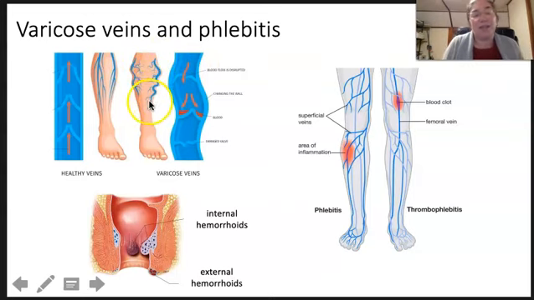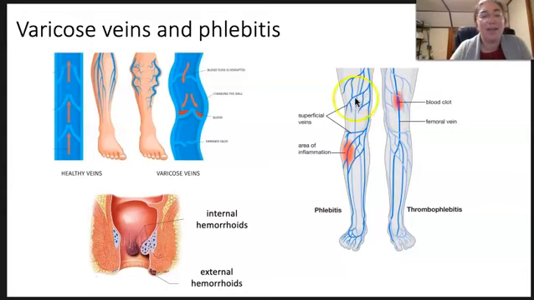And so you get these very visible swollen veins that are very superficial and easily seen through the skin. Something I didn't mention before but should mention is that veins, you tend to be able to see your veins through the skin because veins tend to be much more superficial, closer to the skin, because they are less important in the sense that they carry deoxygenated blood.